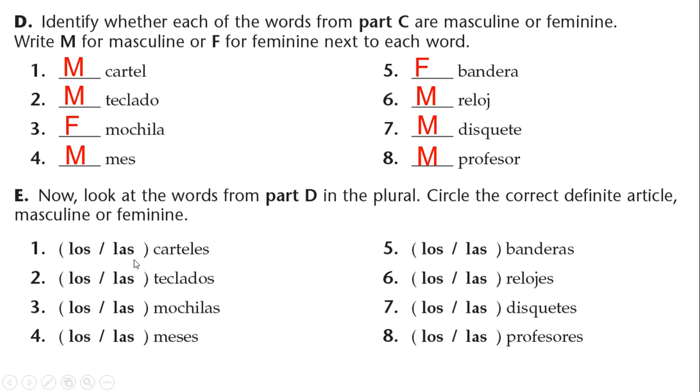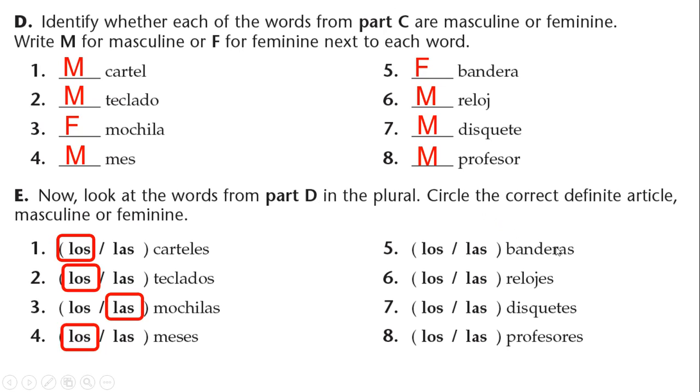But we have to decide which one goes with each word, los or las. So carteles is masculine, so it's going to be los. Teclados is masculine, so it's going to be los. Mochilas is feminine, it's going to be las. Meses is masculine, so it's going to be los.